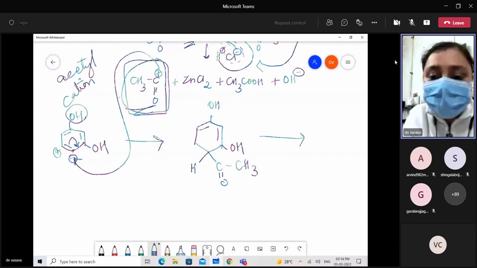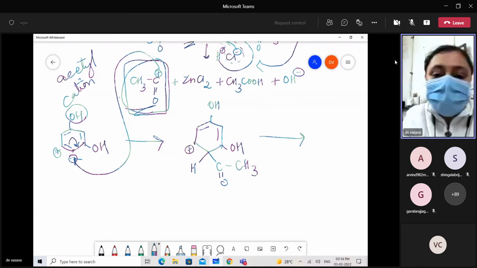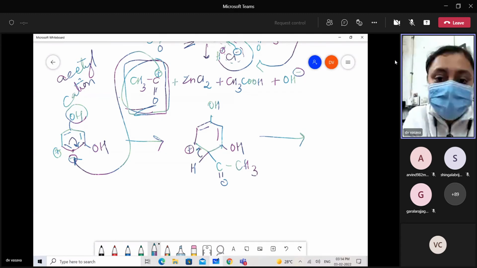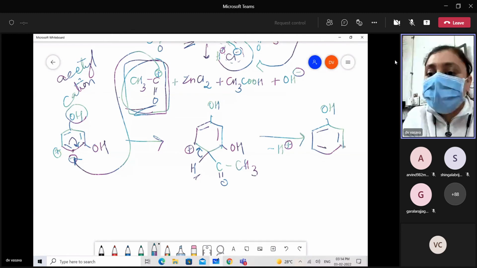Now as we can see, this positive charge will be satisfied by the hydrogen atom releasing. So we can release a proton over here, this one, and a stable product of ours is there, which is the resacetophenone.